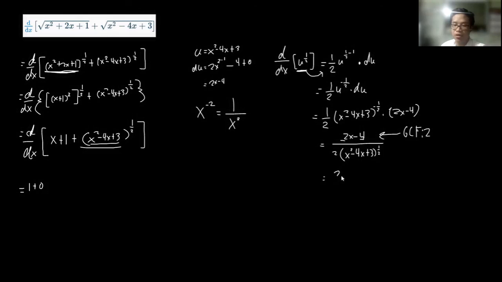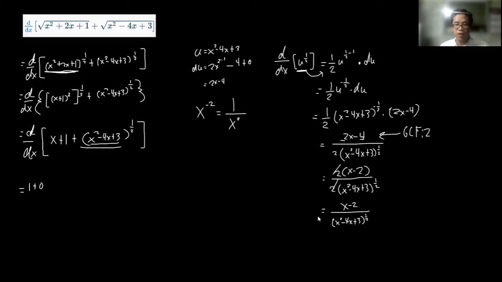So I will have 2 times x minus 2 all over 2 times x squared minus 4x plus 3 raised to 1 half. Since I have 2 on both numerator and denominator, I'll cancel this out. What I'll have is x minus 2 all over x squared minus 4x plus 3 raised to 1 half.